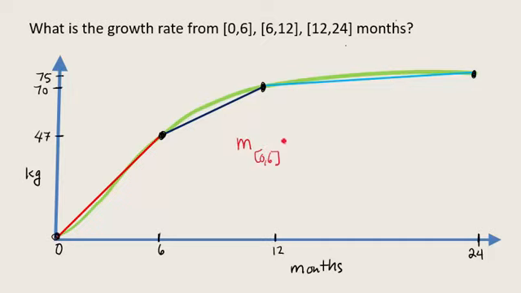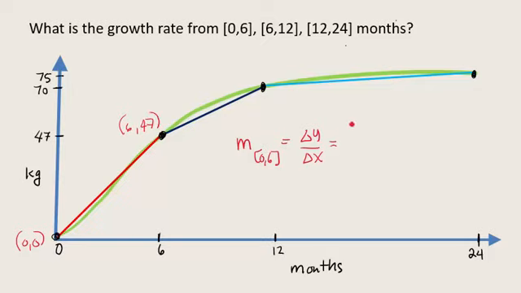It'll be the slope of the line that's secant to the green curve. So how do we find the slope? It's change in y over change in x. In this case, the change in y is the change in the weight. The coordinates here are 0, 0, and at the other end of the line, it'll be 6, 47.